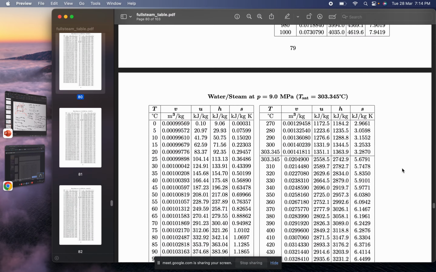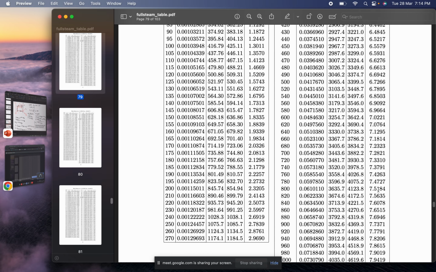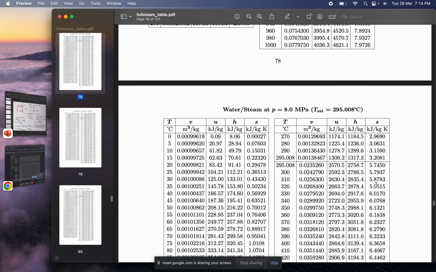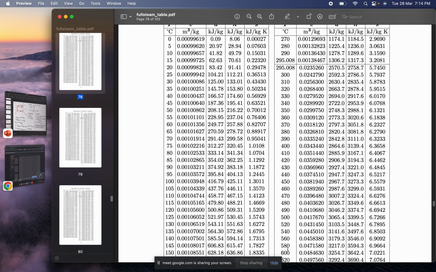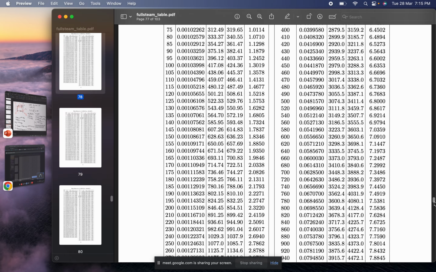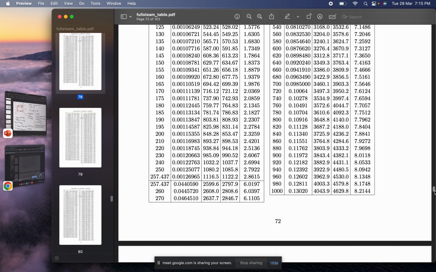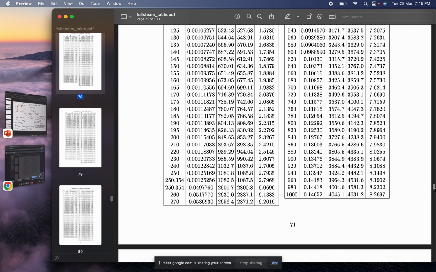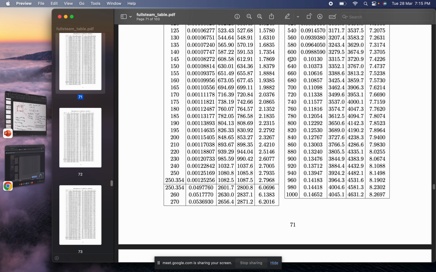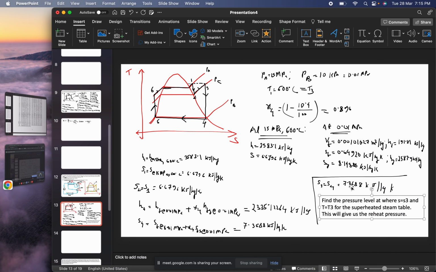As I remember, at 600 degrees Celsius, I think it's 4 megapascal. In 4 megapascal and 600 degrees Celsius you can see it is 7.37. And what is our value? It is 7.368, which is almost equal to 7.37.